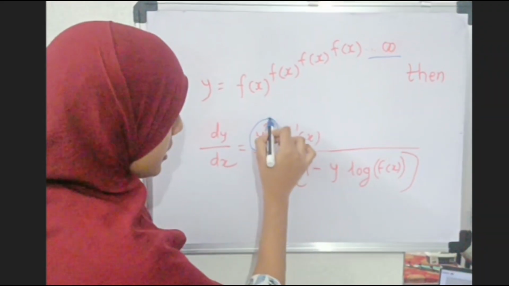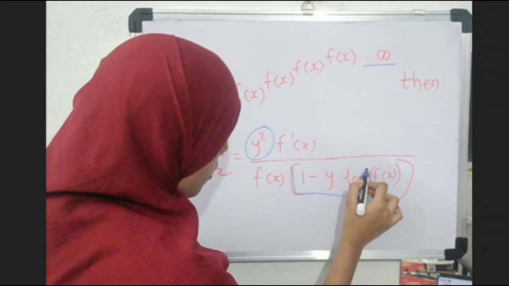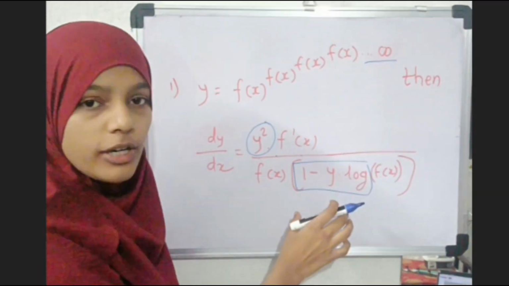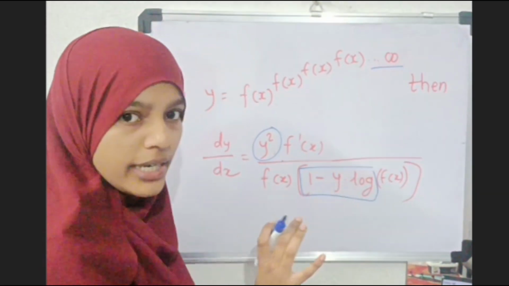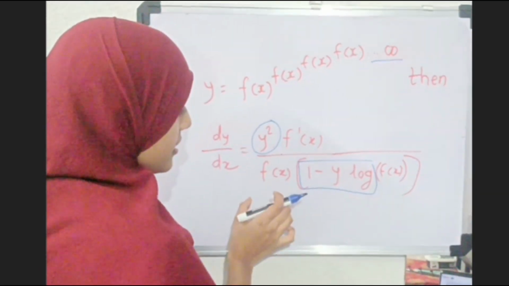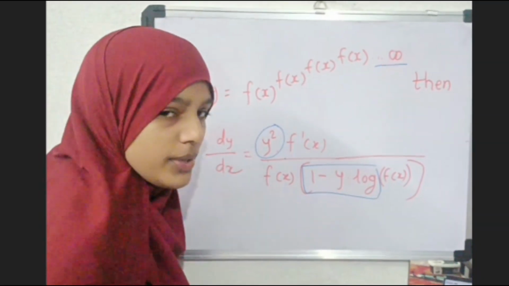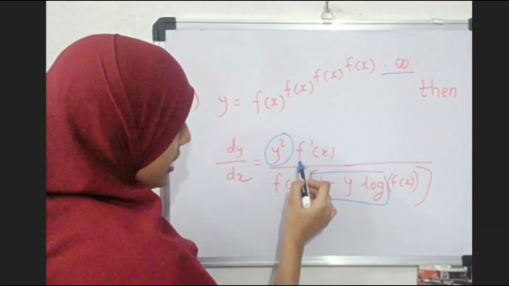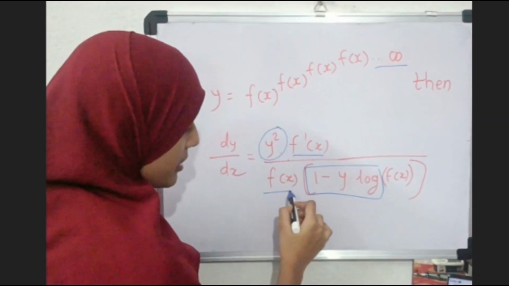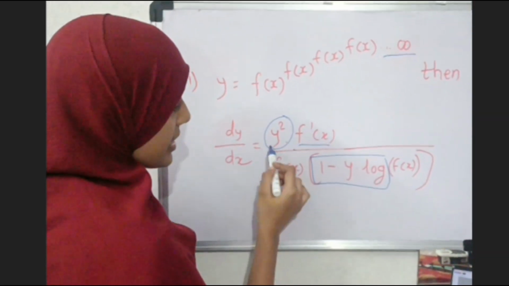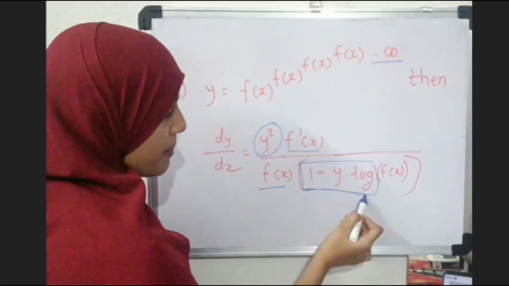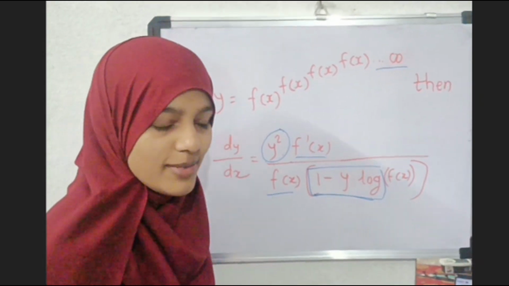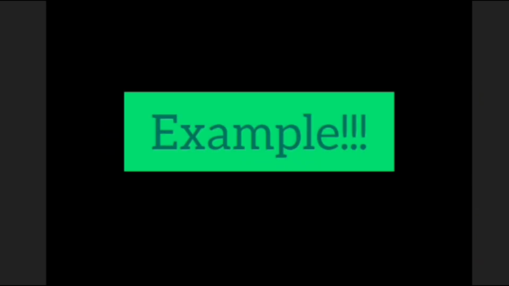What we have to remember is y square and 1 minus y into log. In the numerator you will take f dash x, and in the denominator you will take f of x only, and the syntax is like y square and 1 minus y into log of f of x.